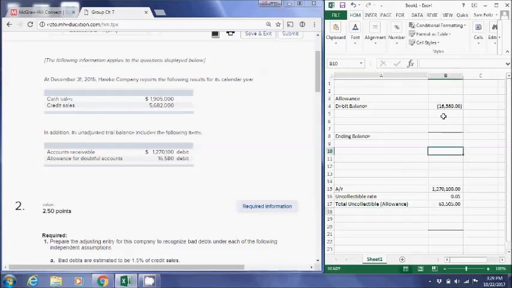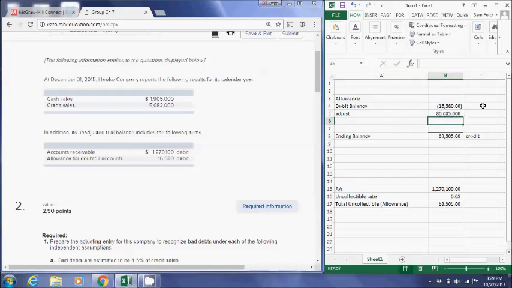$63,505 balance. Well, you might think that's simple, but what we're saying is that we want this ending balance to be $63,505, and the question becomes, what adjustment do I need to make to the $16,580 debit to make that $63,505 credit? And what has to happen is that if I'm going to create a $63,505 positive from a $16,580 negative, then I need to adjust the account by a positive $80,085.